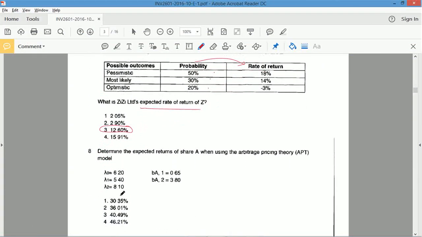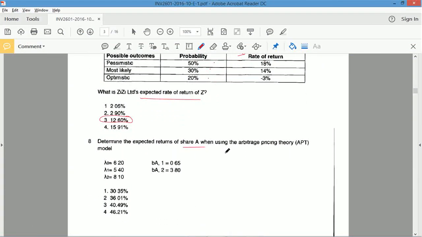Question 8. Determine the expected returns of share A when using the arbitrage pricing theory. Remember, arbitrage pricing theory relates to your CAPM. It's another method to estimate risk versus return in order to get a valuation around what the rate should be when discounting future cash flows back in time. I need to start with the zero, which is like a risk-free.